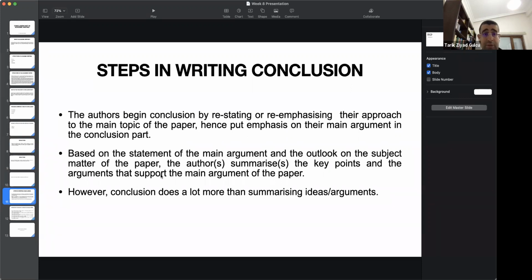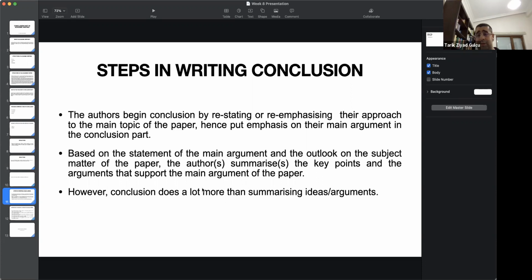The authors begin the conclusion by restating, re-emphasizing or paraphrasing their approach to the main topic of the paper, and hence put emphasis on their main argument. Based on the statement of the main argument and the outlook on the subject matter of the paper, the author or authors summarize the key points and the arguments that support the main arguments of the paper.